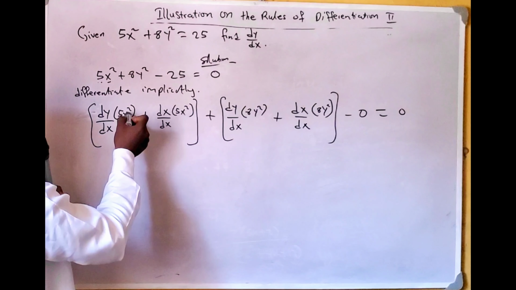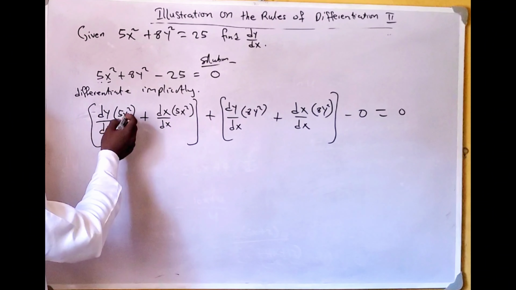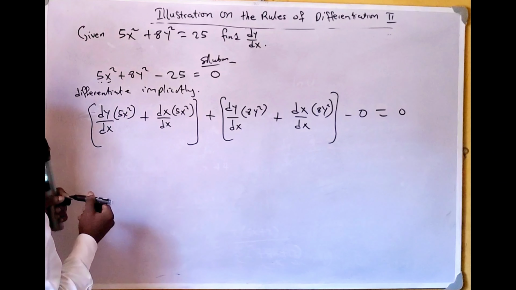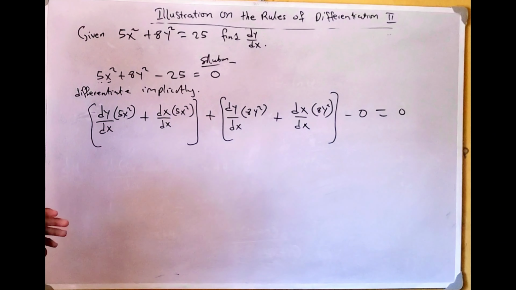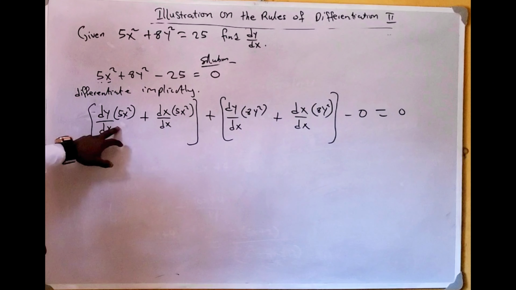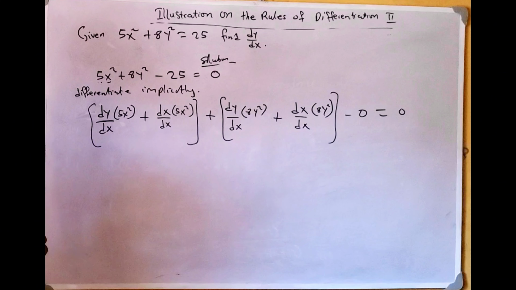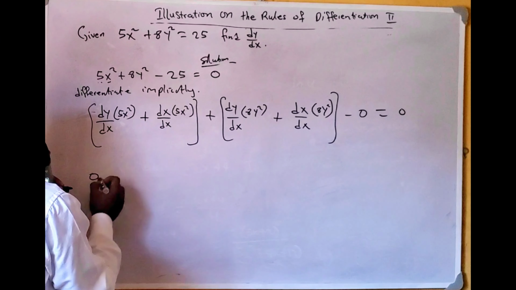Derivative of this with respect to y, this will give us what? There is no y in this function. What we have here is x, and I want to differentiate this with respect to y, so everything here will be 0.